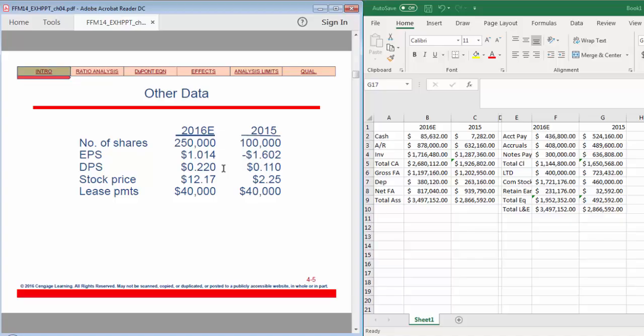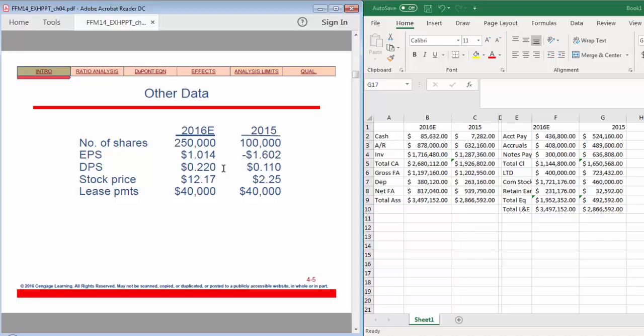Stock price, which is currently at 2.25, is expected to increase to 12.17, primarily because of the improved performance of the company and the expected dividend, that's a cash flow coming to the shareholders.